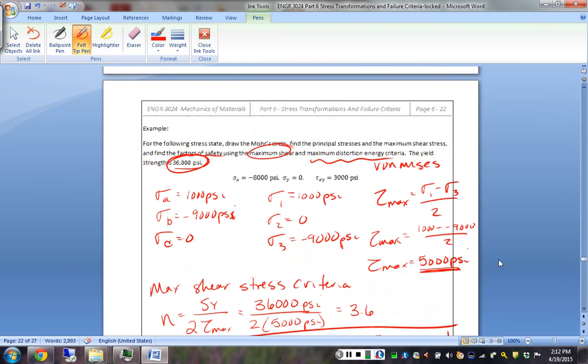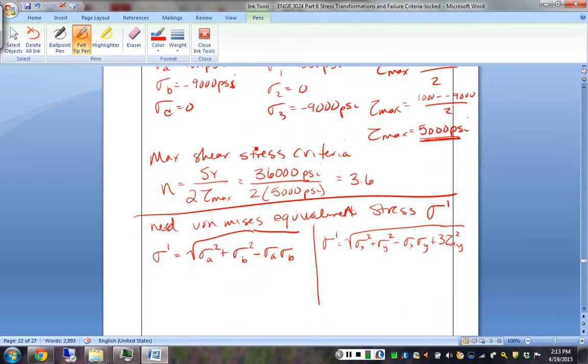Okay, in this case, sigma y is 0, so that term goes away, that term goes away, and this would simplify over here to minus 8,000 squared plus 3 times the shear stress, which was 3,000 squared. So sigma prime, doing the math, ends up 9539 psi.